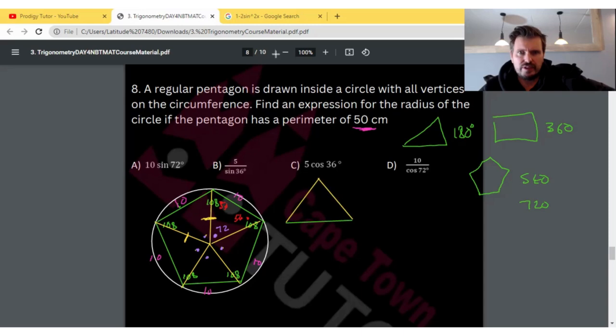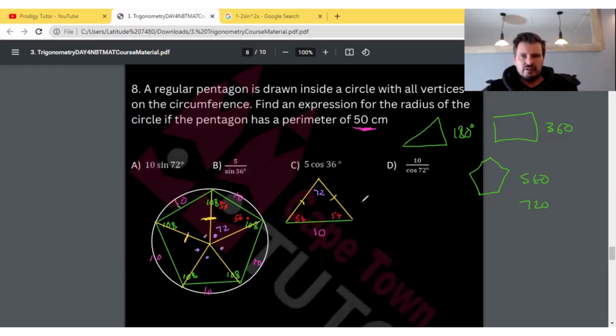Now we know that these ones in yellow are both the radius, and we know that this here is 10. And we know we've got a 72 here, and these are both 54 and 54 down here. Notice we've got an angle and an opposite side, so we can use the sine rule.